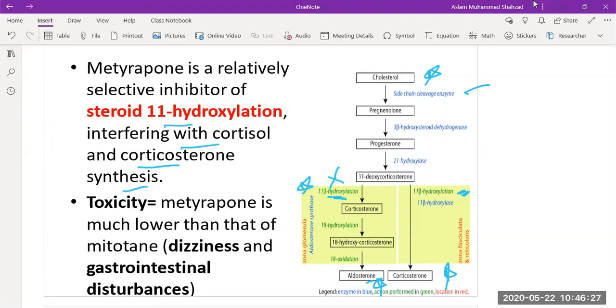That is why they interfere with the synthesis of corticosterone. But the toxicity is much lower than mitotane. Mitotane is another drug under this classification, but the toxicity of this drug is lower than mitotane, and is considered to be only dizziness and gastrointestinal disturbance.